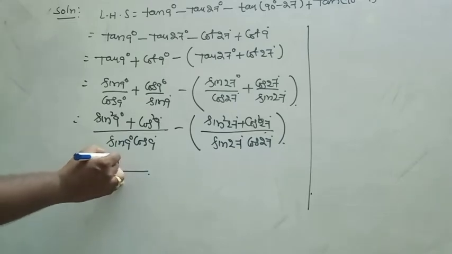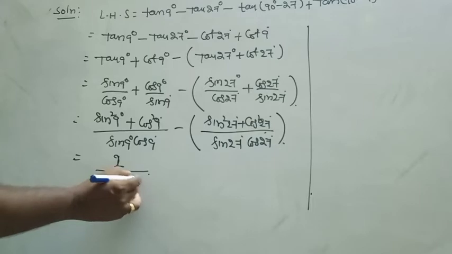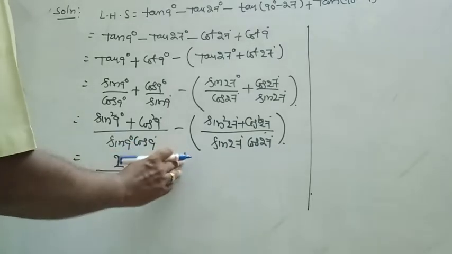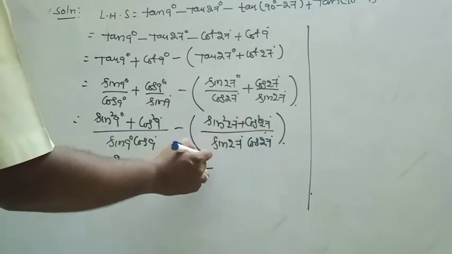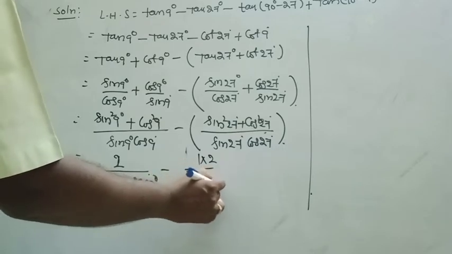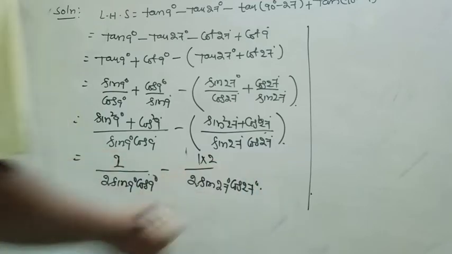Just I will multiply and divide by 2. This I am going to get 2 sin 9 degrees cos 9 degrees minus, and here also this is 1 by, here also I will multiply and divide by 2, 1 into 2. This is also 2 sin 27 degrees into cos 27 degrees. This is what we have got here.